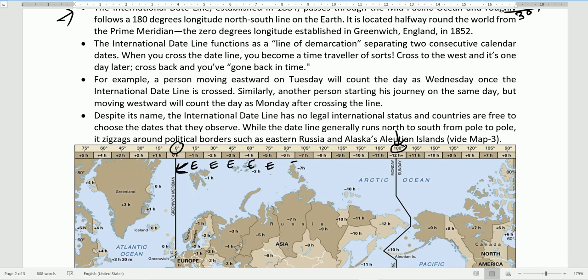Then 90, 105 east up to this 161 east. And here we have 15 degrees west, 30 west, 45 west, 60 west, 75 west, 90 west, 105 west, 120 west, 135 west, 150 west, 160 west.